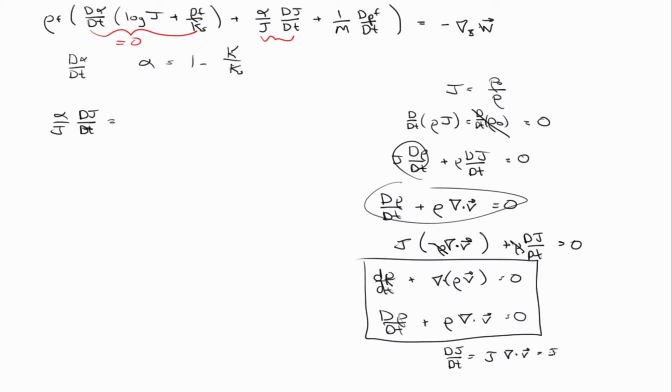So we have J times partial v1 partial x1 plus partial v2 partial x2 plus partial v3 partial x3. Right? Well, does anybody recognize what that is?